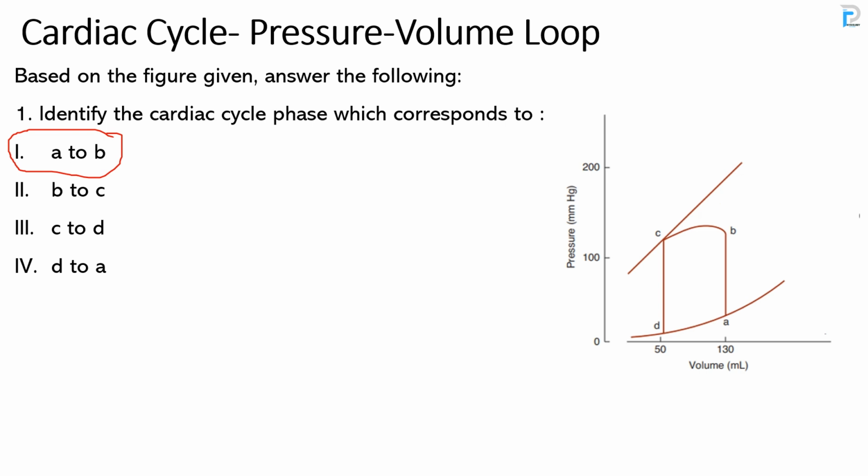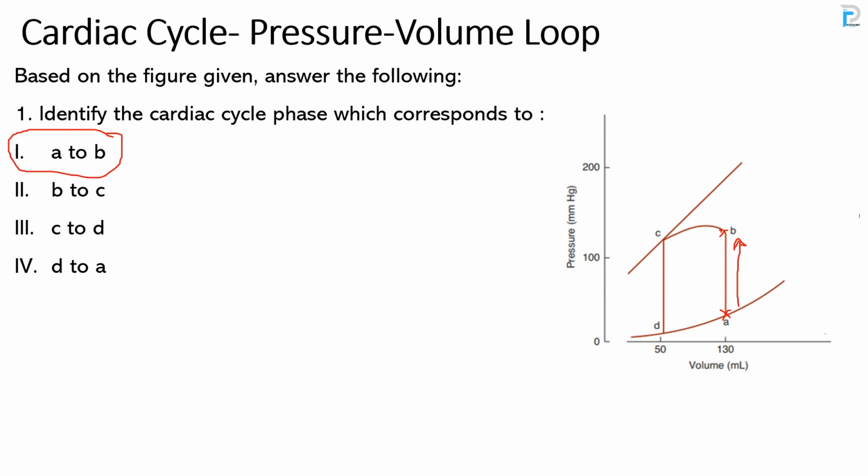We see here there is an increase in the pressure. There is an increase in the left ventricular pressure. There is no change in the volume. So volume is at the same point on the volume axis, but on the pressure axis, we see there is an increase in the pressure.